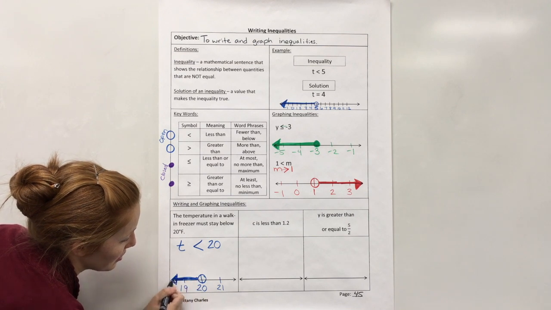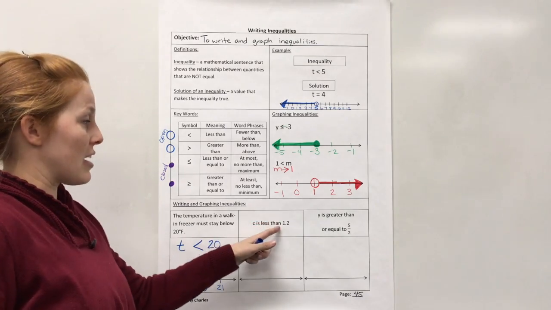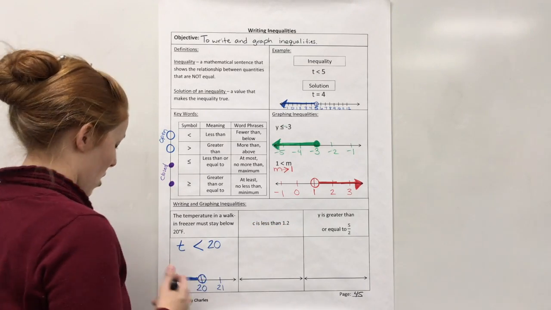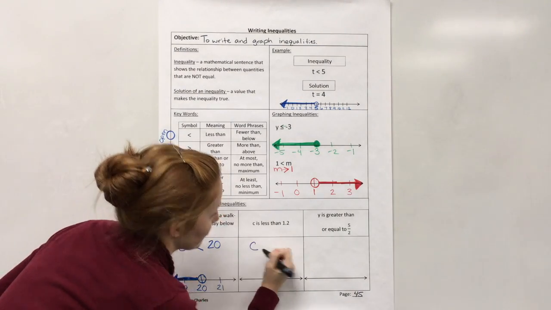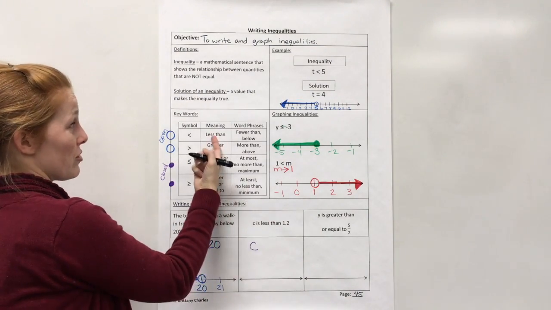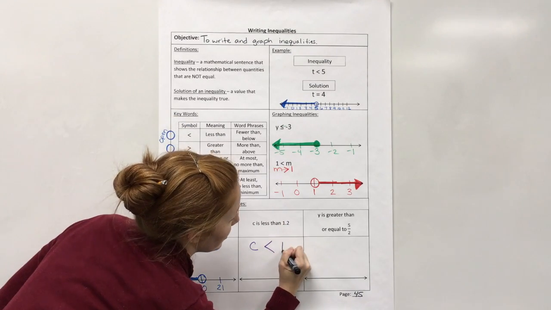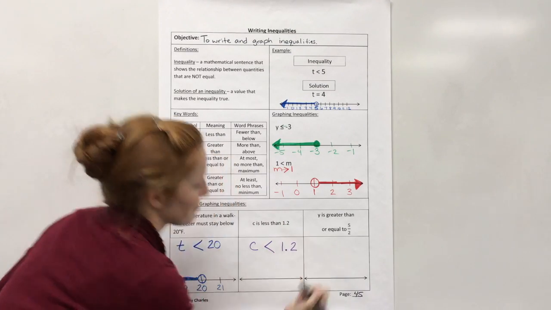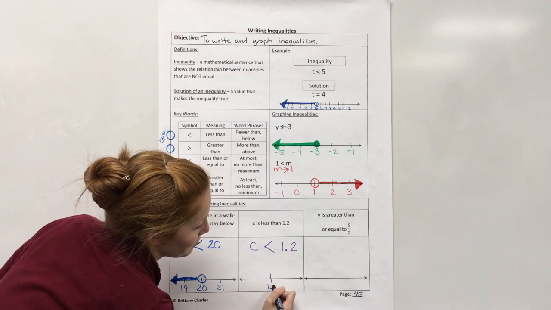All right, now let's look at the next one. C is less than 1.2. All right, so we've got C. We've got less than, which is right here. And then 1.2. All right, so when I graph this, I'm going to just put 1.2 in the middle.